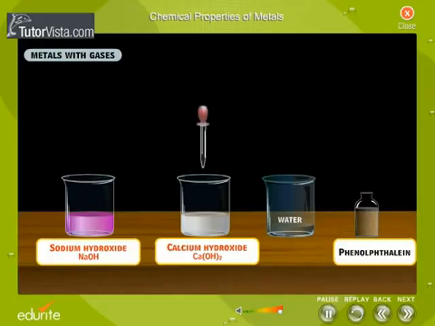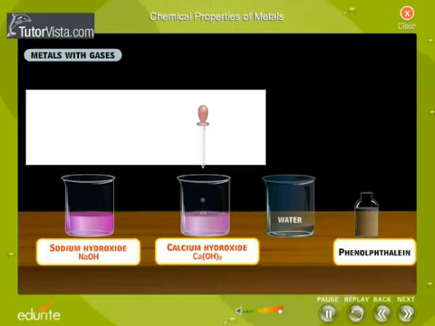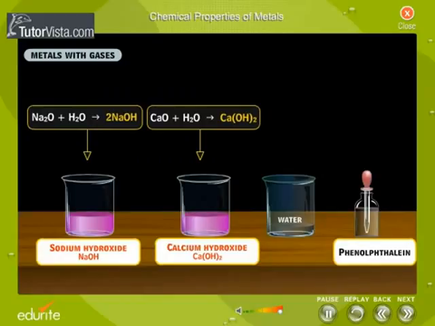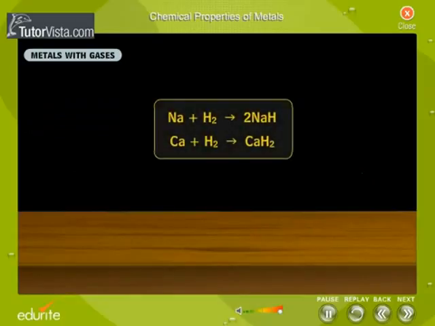This is a test for the basic nature of hydroxides. Similarly, hydrogen gas reacts with metals to form hydrides, and chlorine gas reacts with metals to form chlorides.